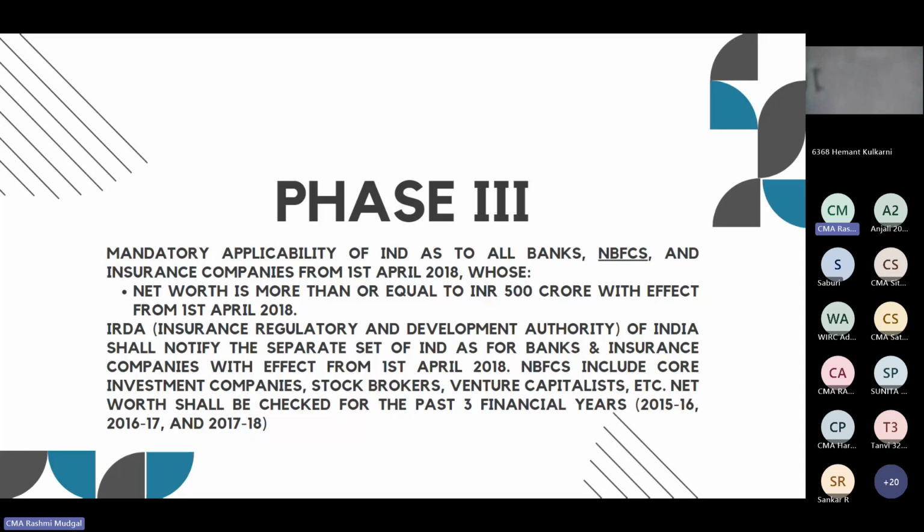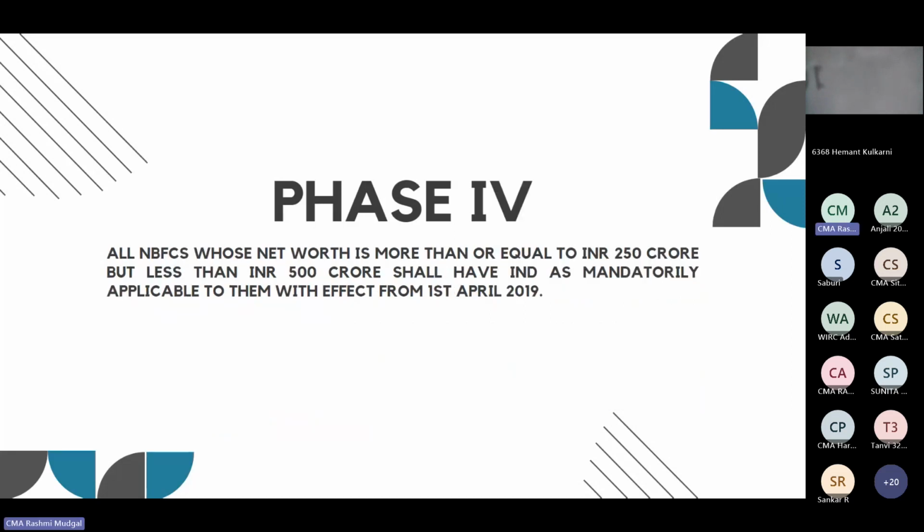NBFCs include core investment companies, stockbrokers, venture capital and so on. Net worth shall be checked for the past three years, 2015-16, 16-17 and 17-18. Okay, so next is phase 4.